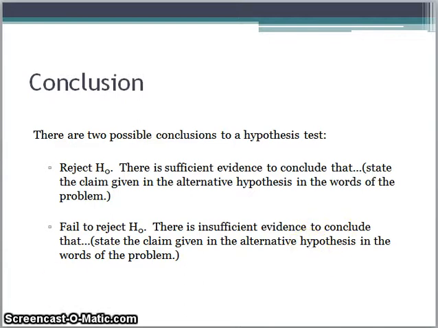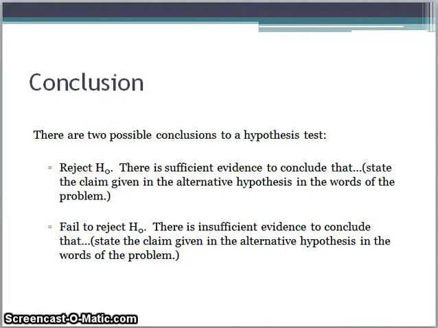For every hypothesis test, there are two possible conclusions: reject H-naught or fail to reject H-naught. If we reject H-naught, that means that there is sufficient evidence to conclude that whatever the alternative hypothesis says. Or else, you could fail to reject H-naught.